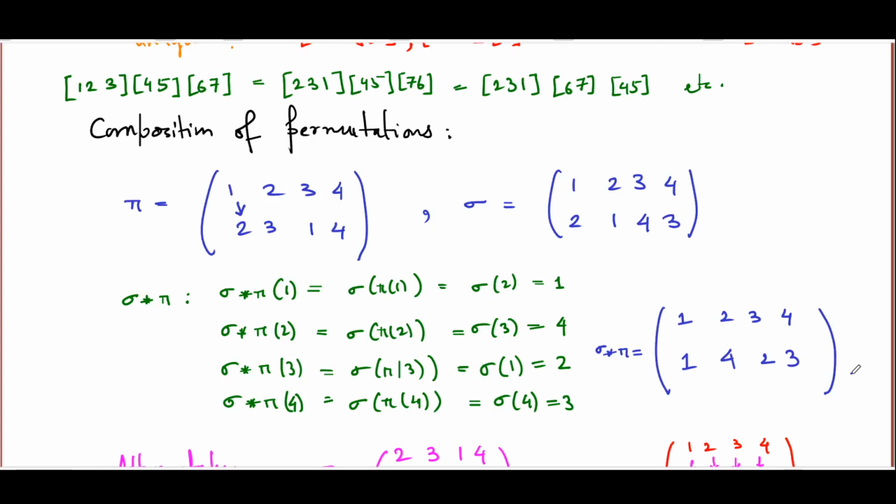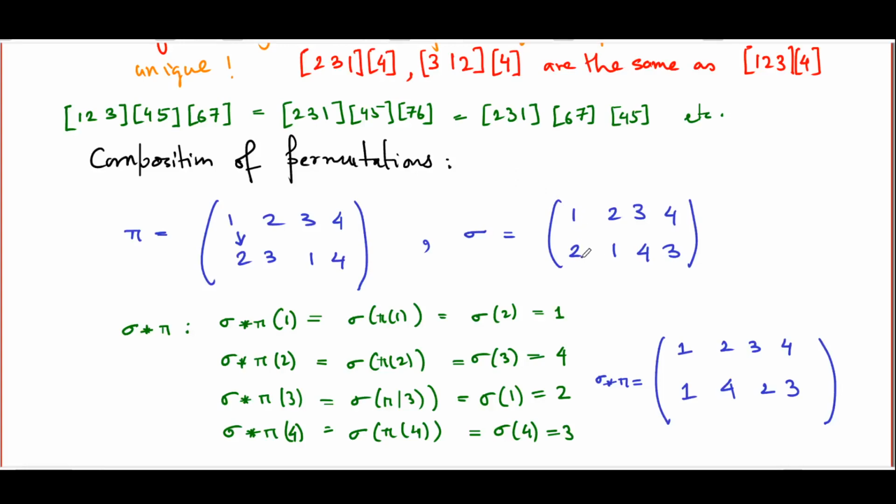Now, in fact, this notation actually makes it very easy to calculate the product of two permutations using a very simple trick. That is what I am going to explain now. Note that sigma takes 1 to 2, 2 to 1, 3 to 4, 4 to 3. What is important in defining the sigma is which elements go where. Of course, you don't really have to write this in the order 1 goes to 2. You could have just as well said 2 goes to 1 first.